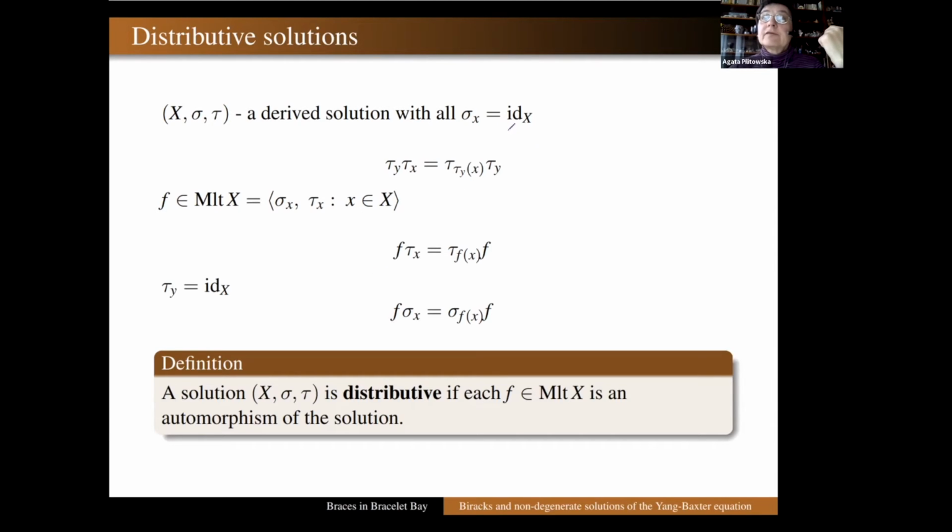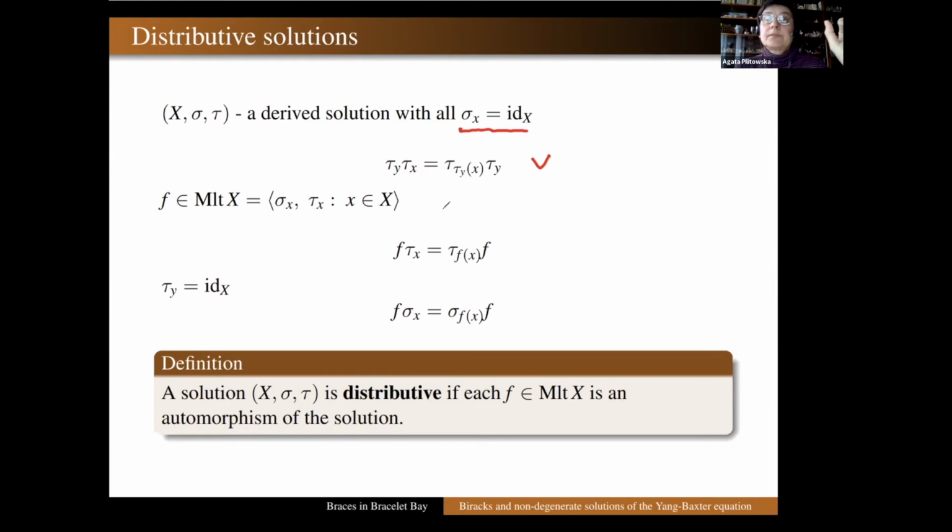If we take, for example, a derived solution with all sigma mappings being the identity mapping, we can note that there is some special correspondence between tau mappings, some kind of commutativity.